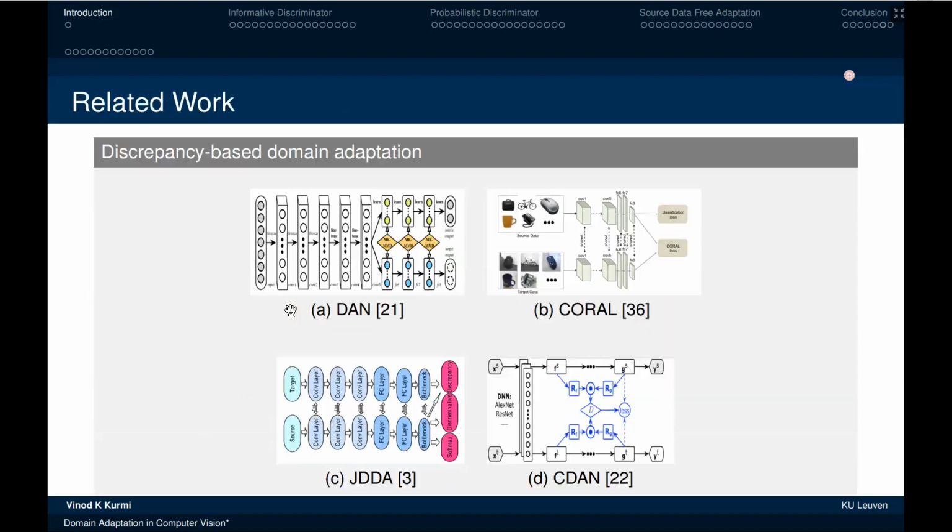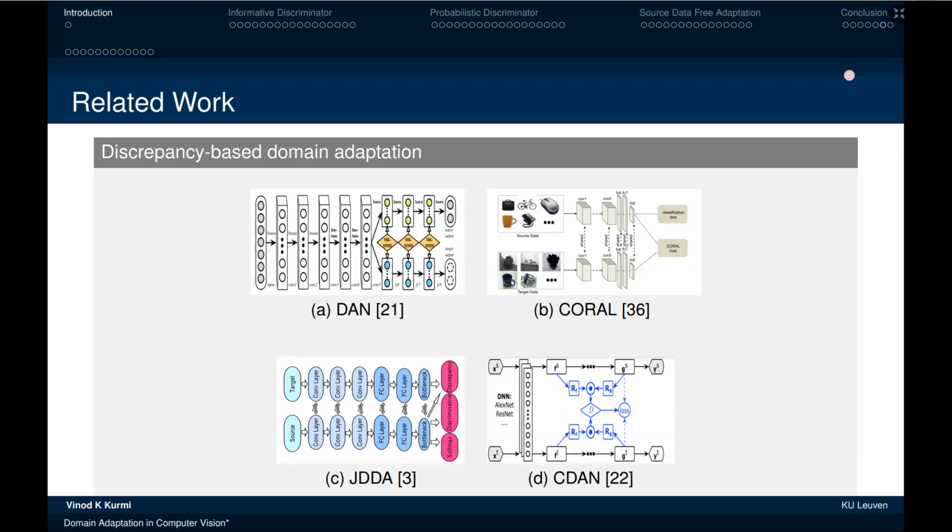Okay, let's come to some related work in this field. Here, the method, as I told, is to minimize the discrepancy between the source and target features. For example, we obtain the source feature here, and similarly we can also find the target features, and we measure the discrepancy in terms of alignment between these two features and try to minimize it.